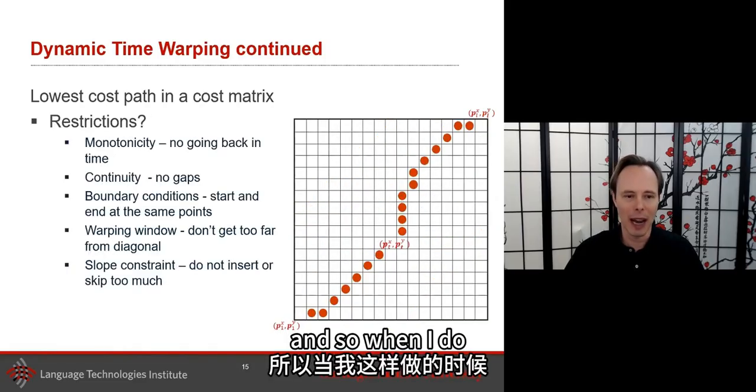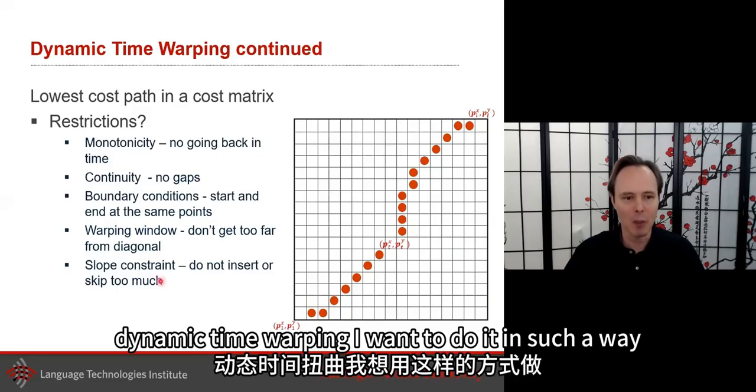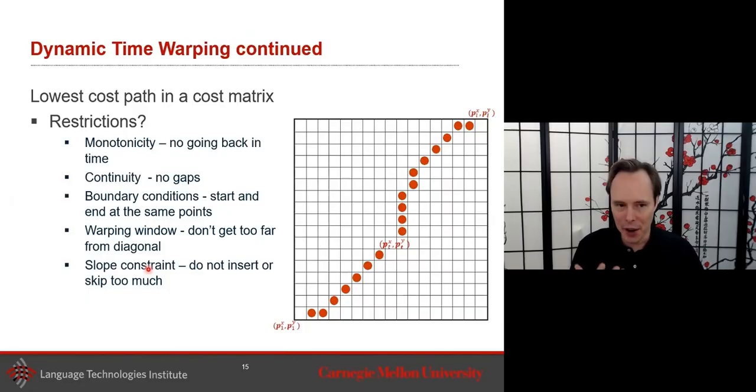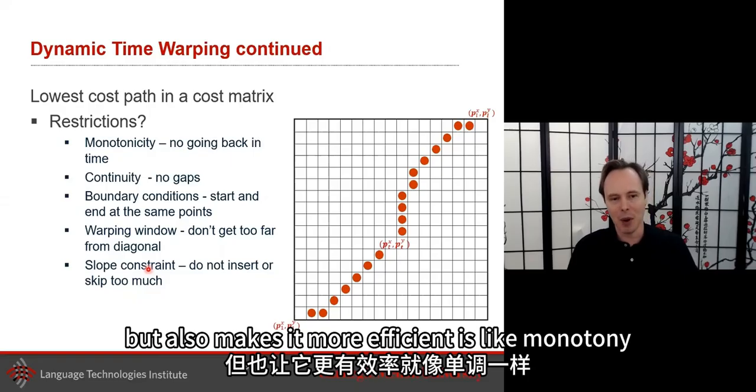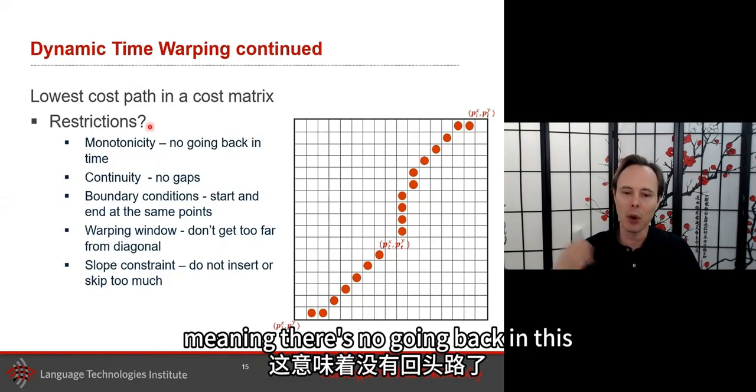When I do dynamic time warping, I want to do it with monotonicity, meaning there's no going back.